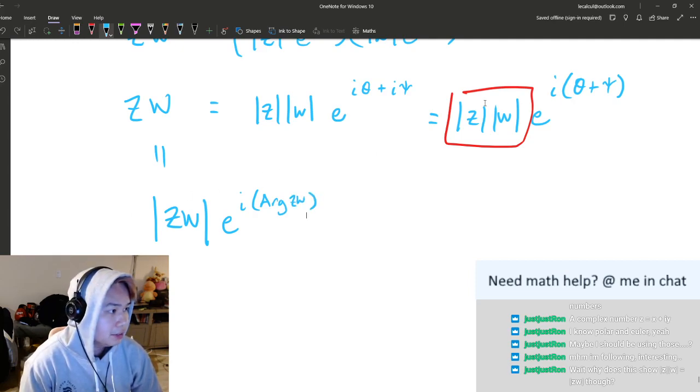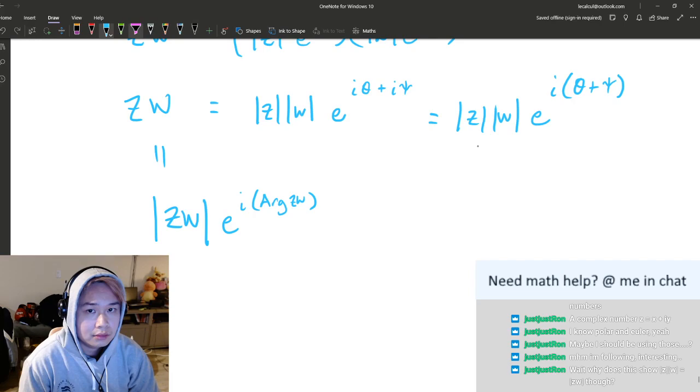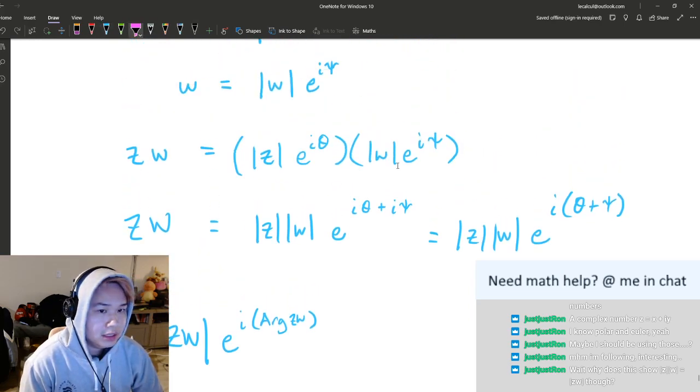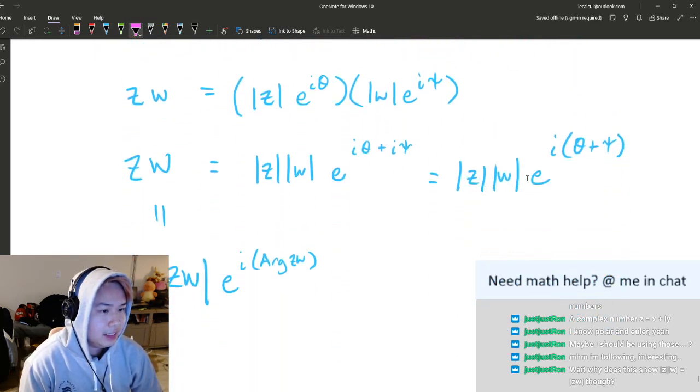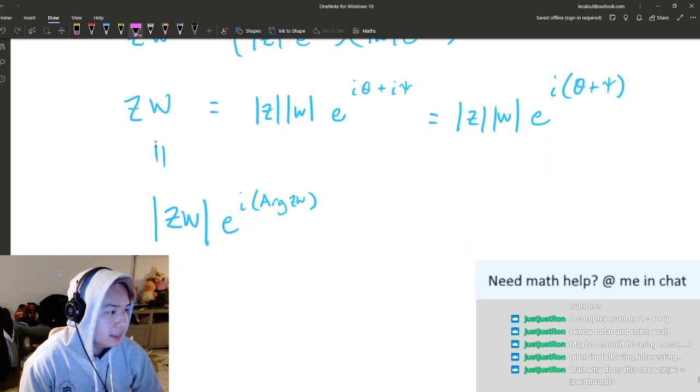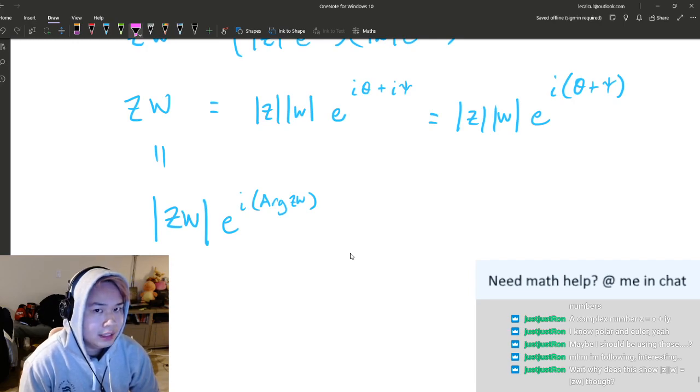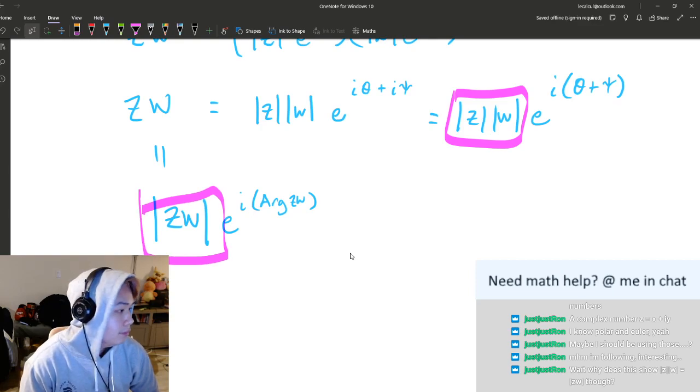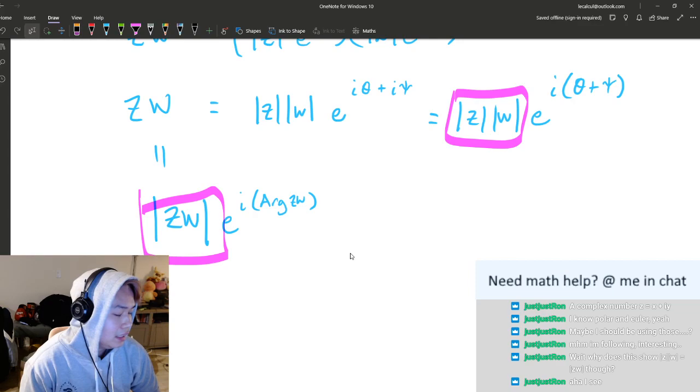So essentially you're just equating the two. If I multiply the right sides, I get this. The Euler form of z times w is literally this. So if you just compare the two, then that means that these two have to be the same.